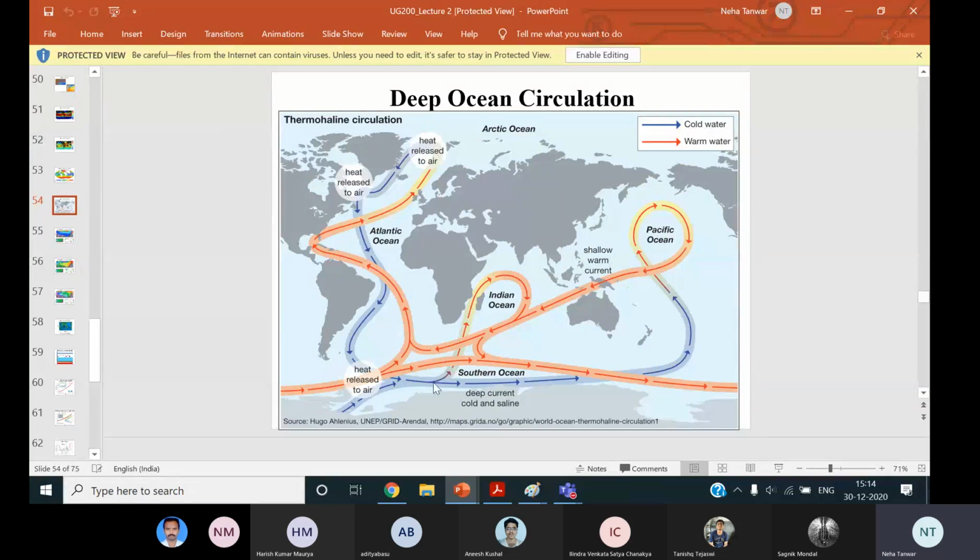The water that is sinking has to be upwelled. The mass balance, right? Because ocean level is not changing. It's almost constant. This is not wind driven upwelling. Do remember that. And this is very slow upwelling.